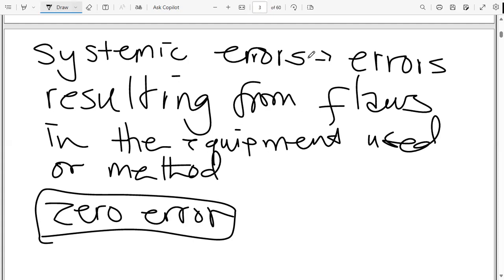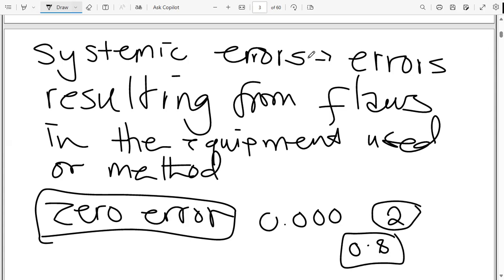You want to measure your mass, you stand on a scale, and you find that instead of the initial reading of the scale being 0.000, or just zero in short, it is maybe already at 2, or maybe at 0.8 or something. So when you're standing there, you're supposed to consider this 0.8 or this 2 as zero, whilst in actual sense the initial reading of the scale is not standing at the actual zero.